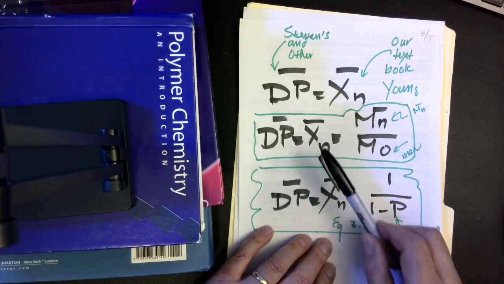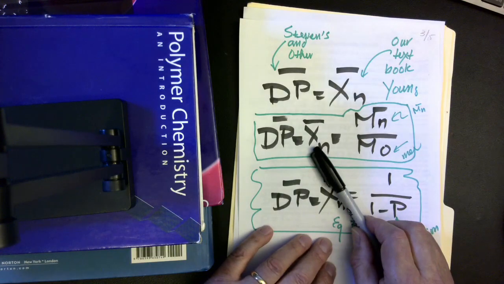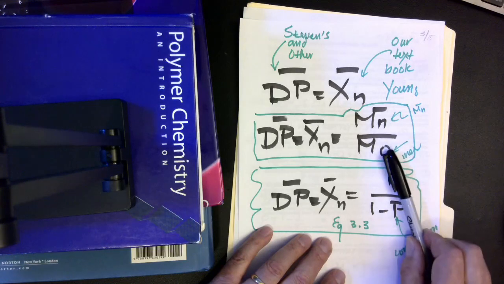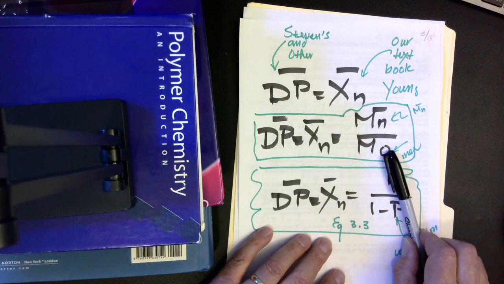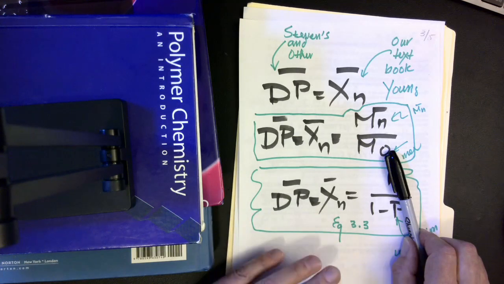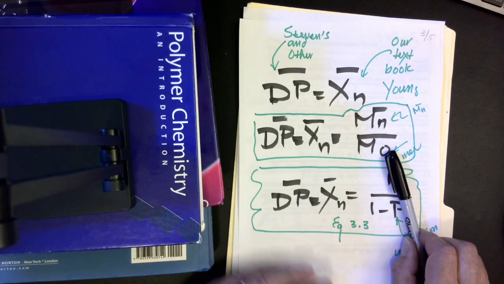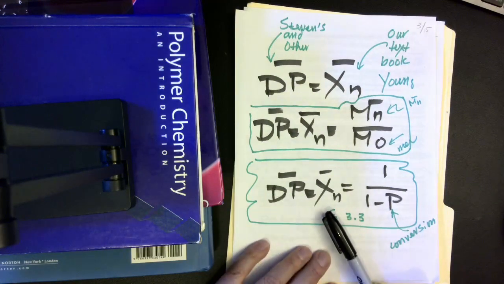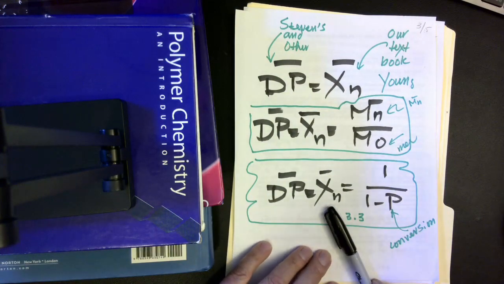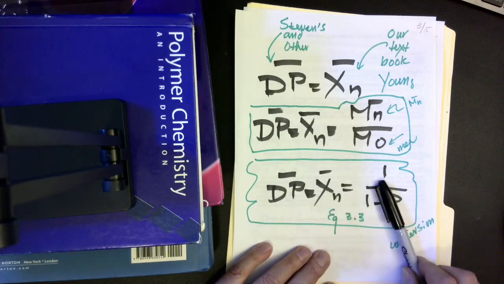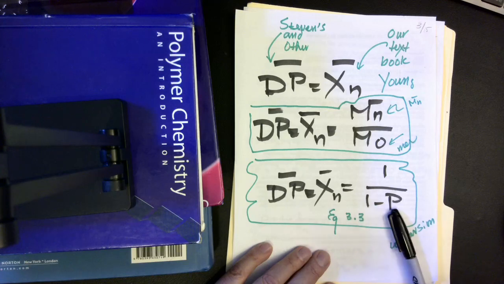We know that the DP hat or Xn hat is the total average molecular weight over one unit of the repeating units. And that gives us the n. Remember, the n is the average repeating units. There is something new that we're going to learn, especially for step polymerization: DP hat or Xn hat is 1 over 1 minus p.